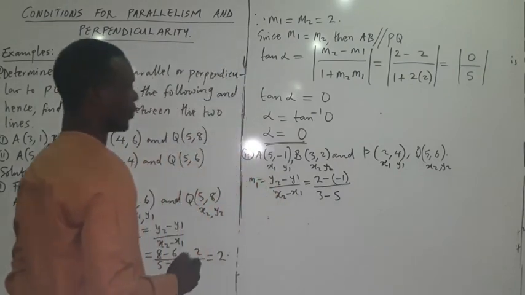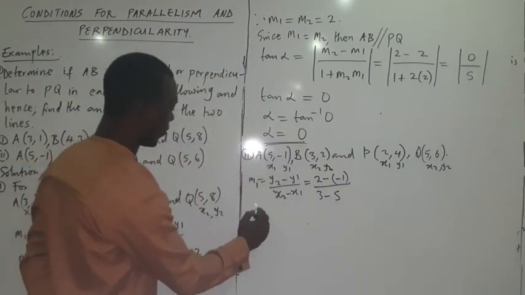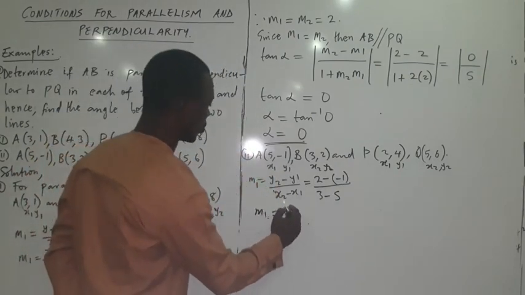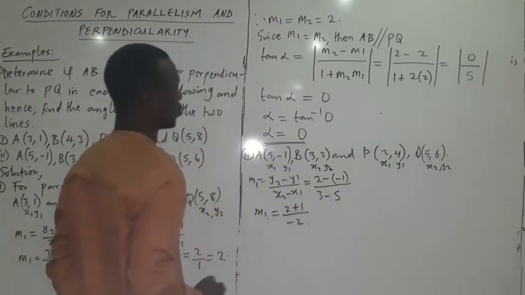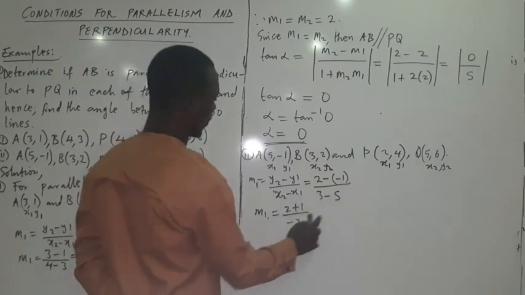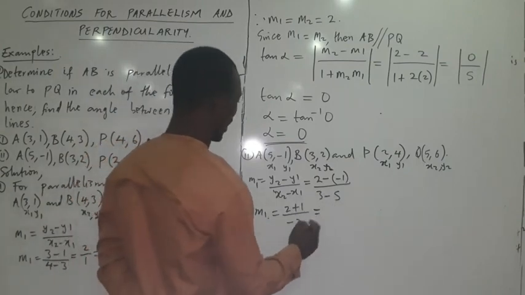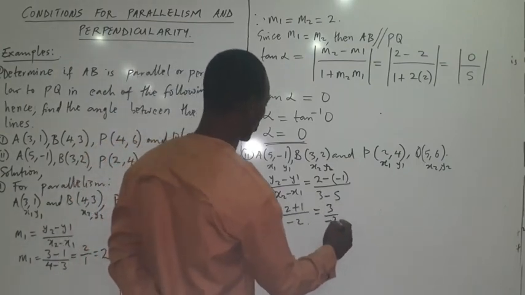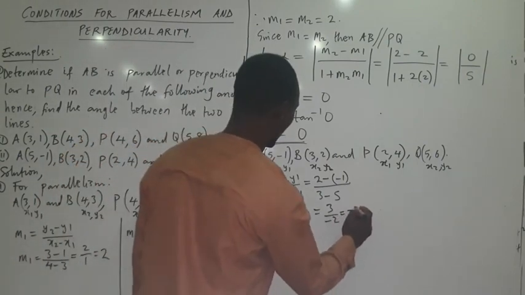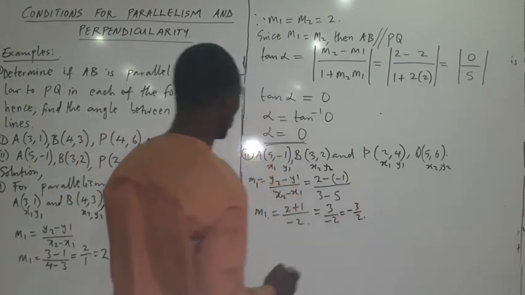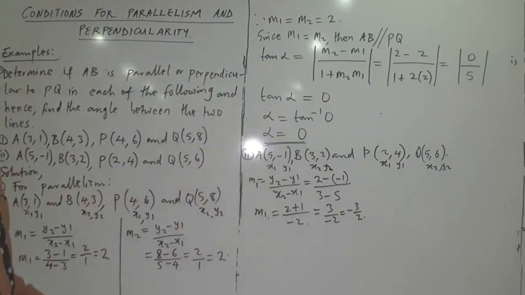That is for the first line. Then we have M1 equals 2 plus 1 all over 3 minus 5, which is minus 2. So we now have 3 over minus 2, which is the same thing as minus 3 over 2. So M1 is minus 3 over 2.